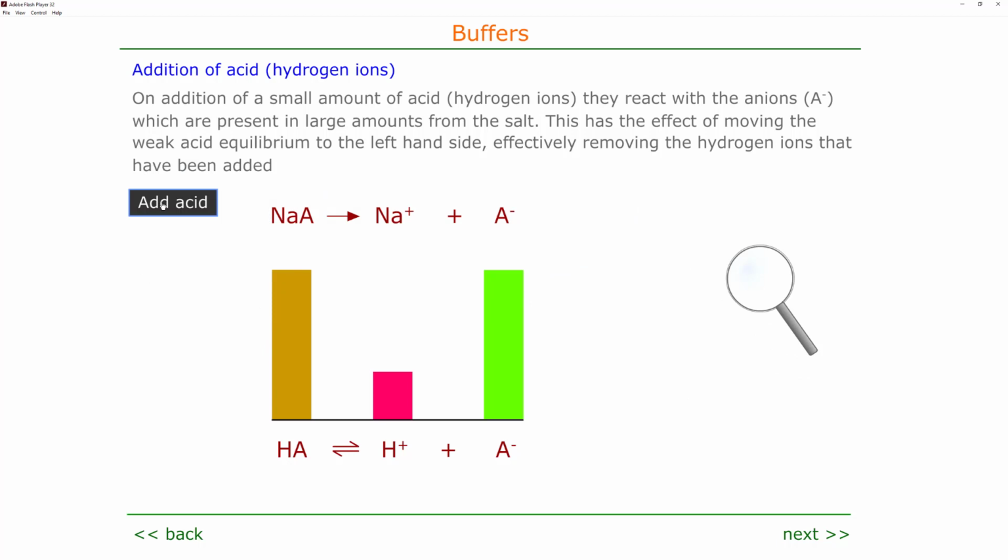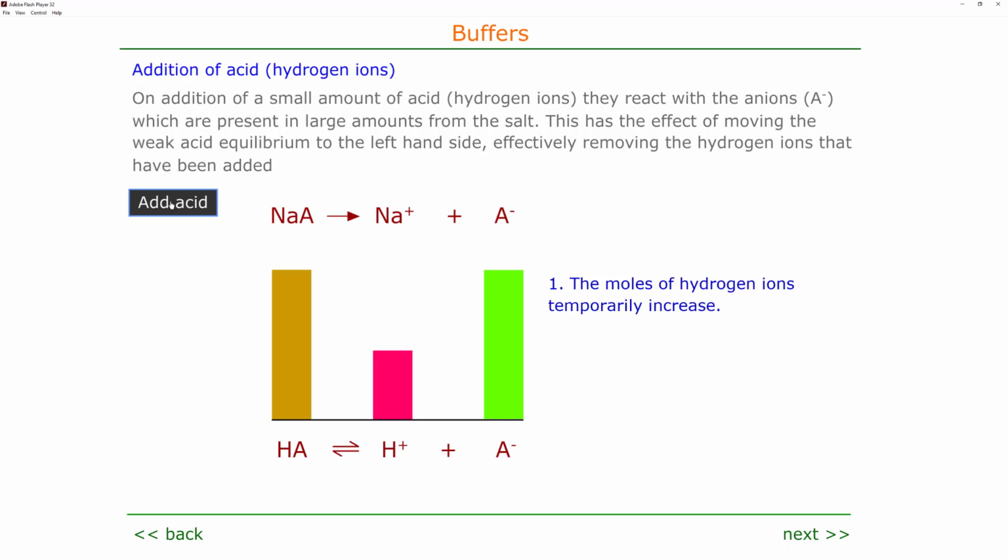We're going to add a little bit of acid, and let's consider what's going to happen when we add some acid from an external source, some hydrogen ions from an external source. Okay, so first of all then, the hydrogen ions in the mixture increase temporarily.